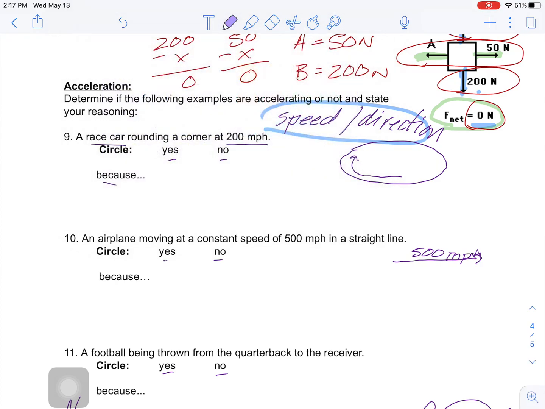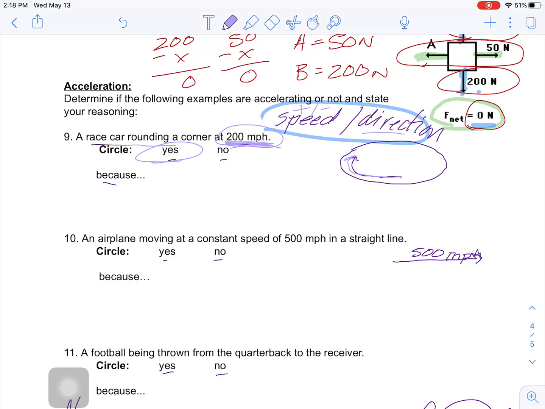Last couple are about acceleration. I gave you a little preview of these in the review video. Acceleration of a car going around a corner at 200 miles an hour. Remember, acceleration is looking at a change in speed, either increase or decrease, or a change in direction, turning a corner. So while the speed is staying consistent, the car is going around the corner.